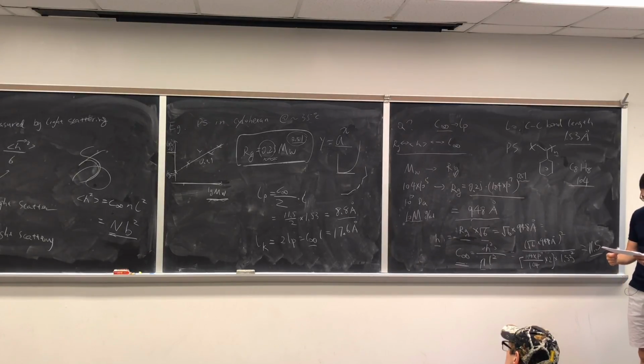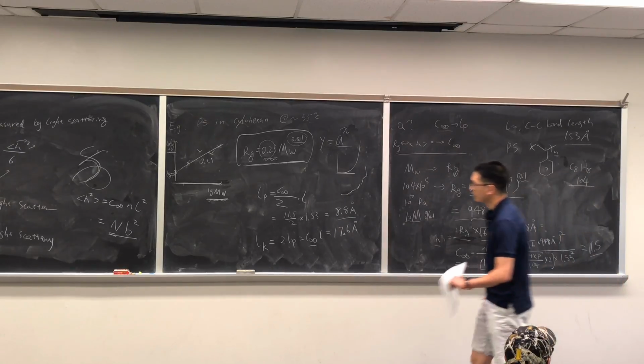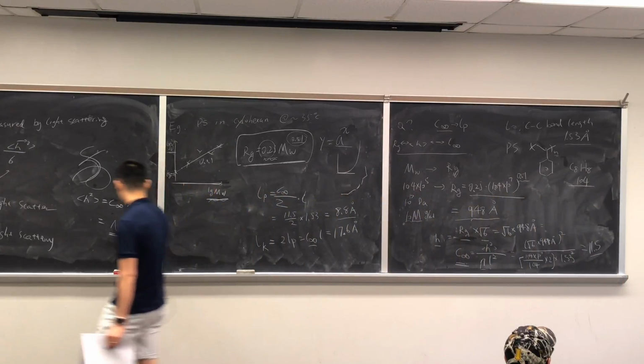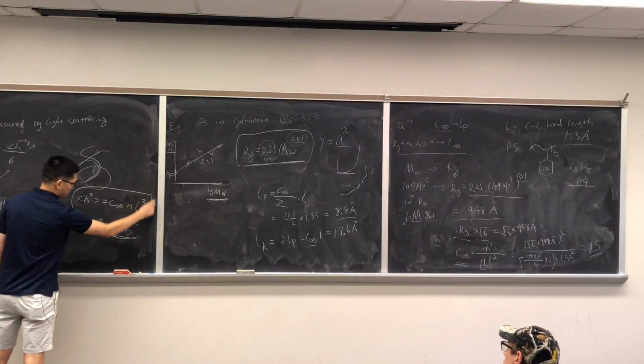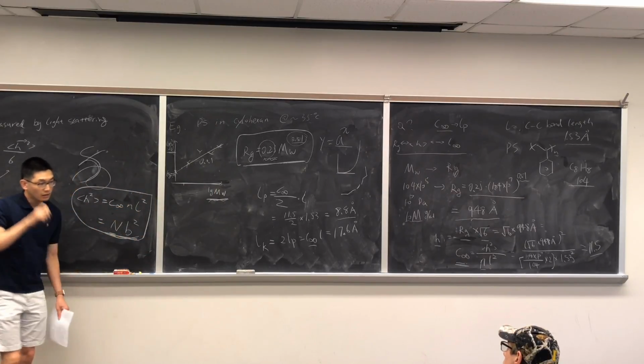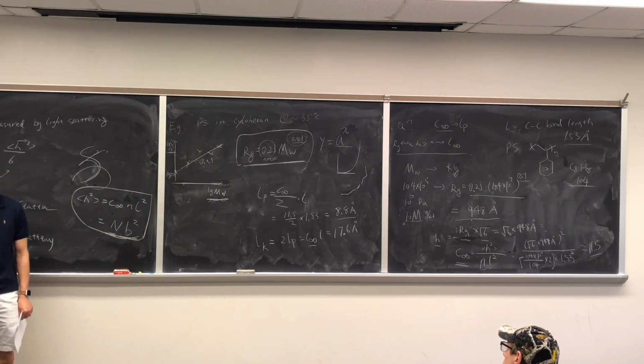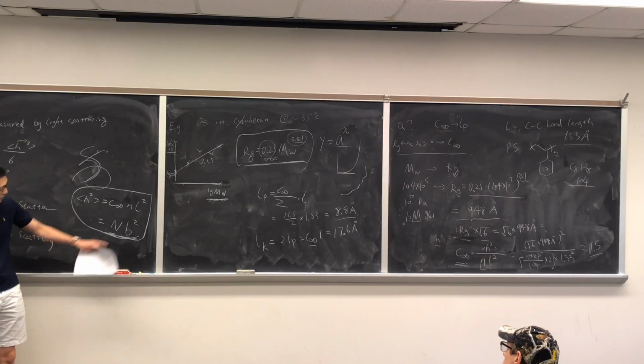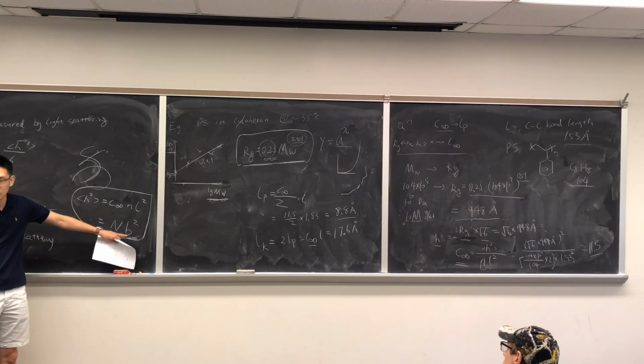Okay, great. So there's one more parameter we have to talk about. Does C infinity have units? No, C infinity is just the characteristic ratio. It does not have a unit. So now come back to this. What we can also understand is your chain's effective monomer length.